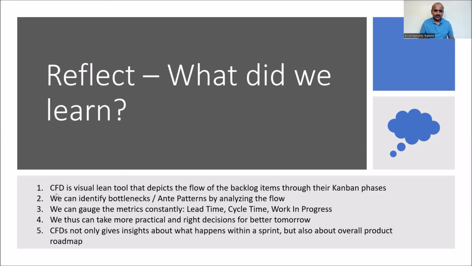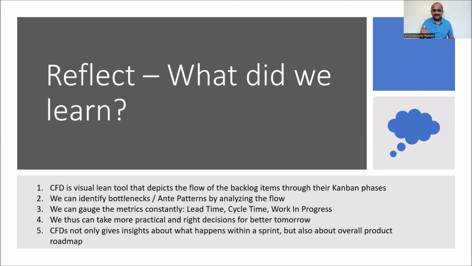First thing is, the cumulative flow diagram is a visual lean tool that depicts the flow of backlog items through their Kanban phases, that means backlog, definition of ready status, development, QA, testing, user acceptance testing, and deployment or done status. And we can identify several bottlenecks or anti-patterns by analyzing the flow.